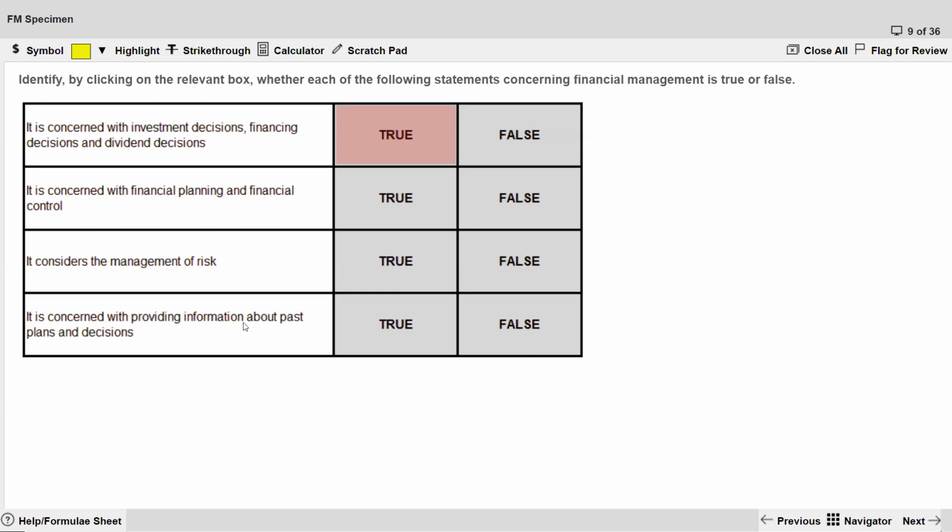It is concerned with providing information about past planned decisions. False. Now you have to decide amongst the two of them which one is correct. Second one is correct. This one is false, right? Because it's financial planning and financial control.